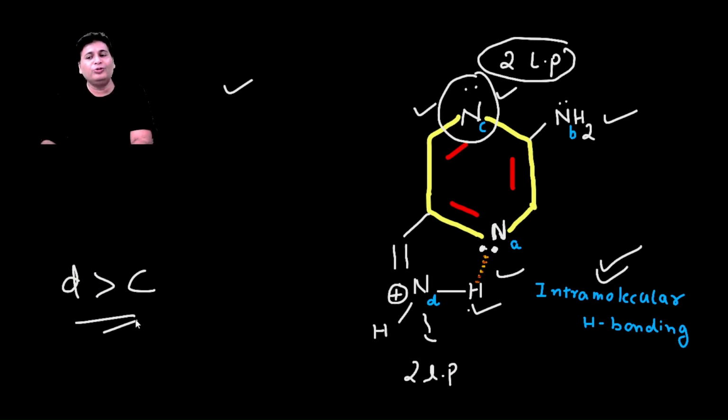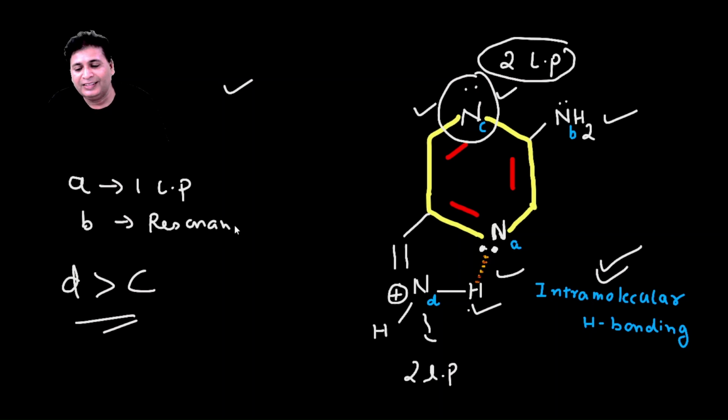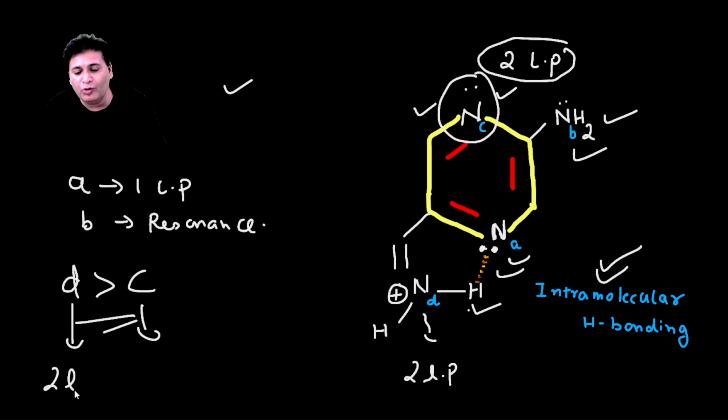Now coming on to A and B, you understand, in A only one lone pair was there. On A just one lone pair was there, and in B the lone pair was delocalizing because of resonance. So you should understand, on A one lone pair remained localized, on B the lone pair got delocalized, so less available, but on D and C both you got 2 lone pairs because of the resonance.